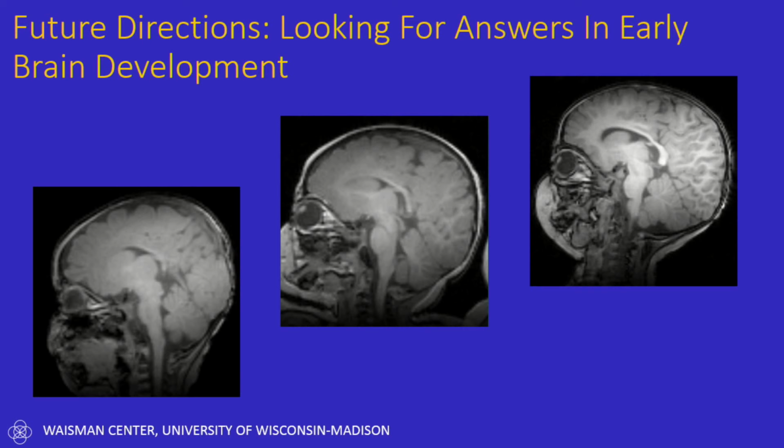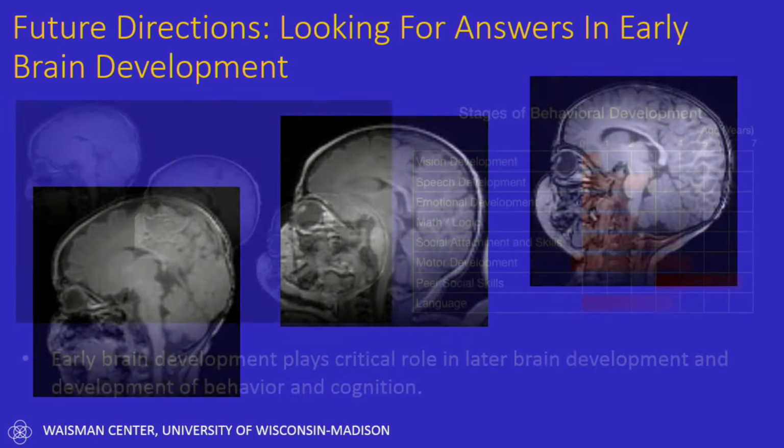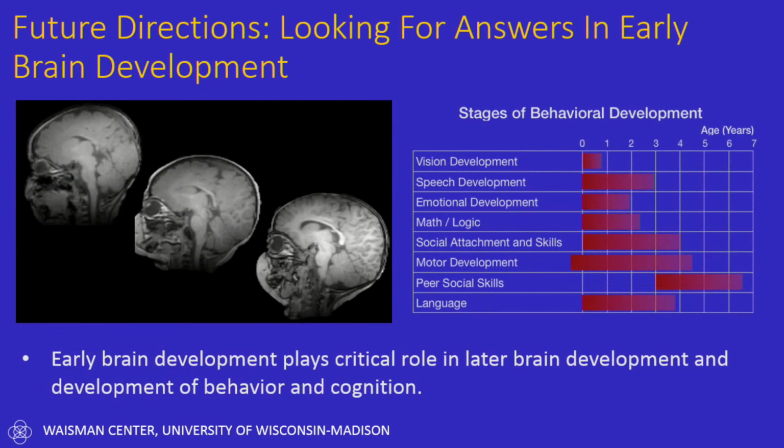And so by understanding some of these processes early in life, that might be very helpful for looking at how a child who goes on to develop autism has developed prenatally. And also, we know that this process of early brain development overlaps tremendously with different stages of behavior.